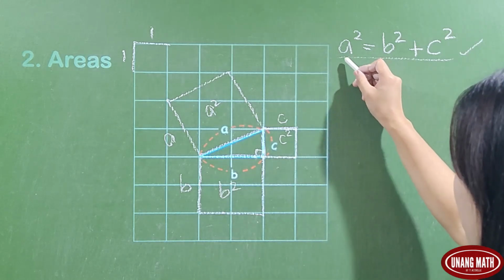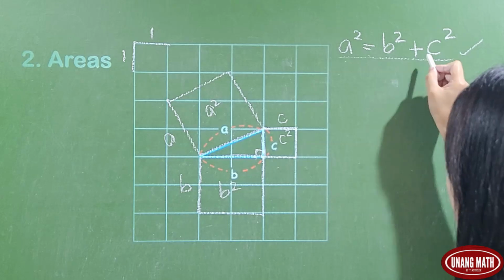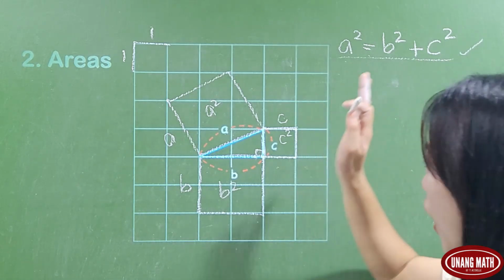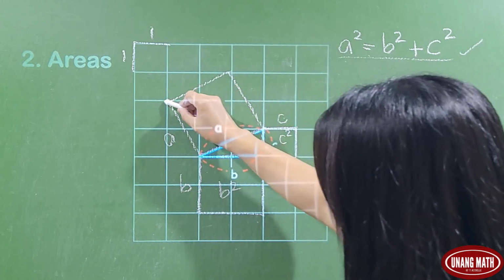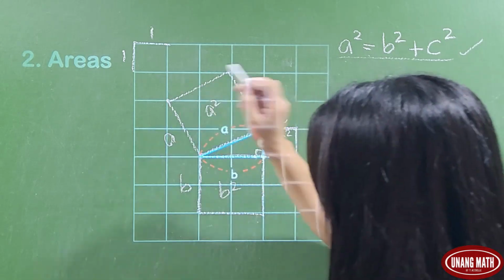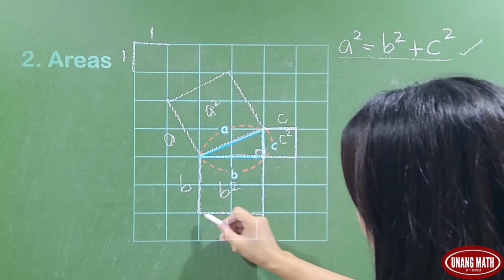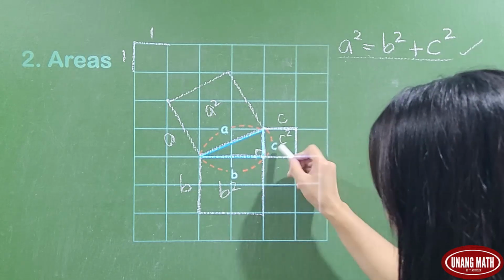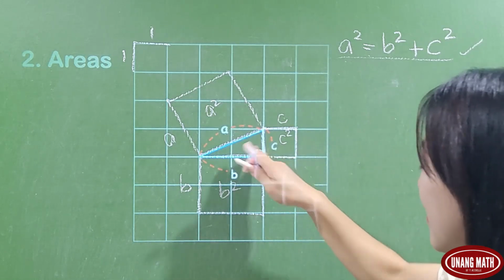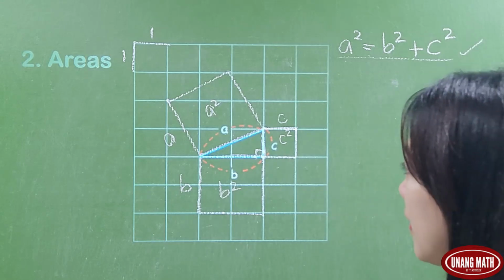Okay, the Pythagorean theorem is a squared is equal to b squared plus c squared. So this area is equal to the sum of the areas of these other two squares on the sides of this right triangle.